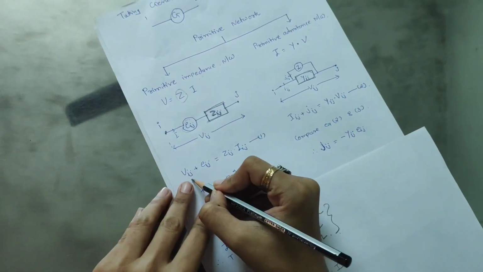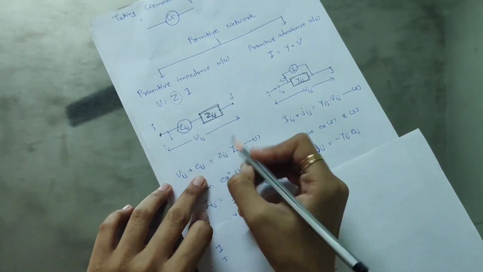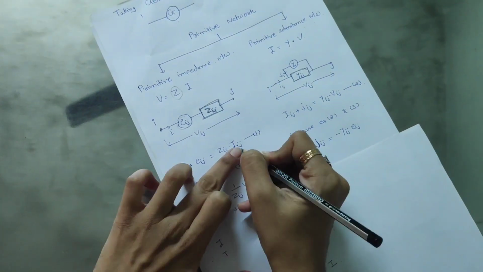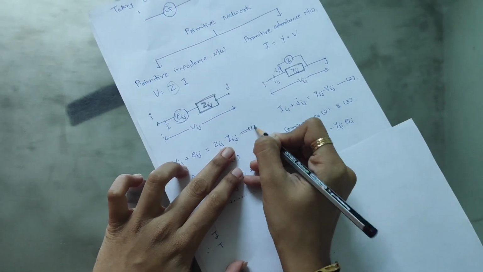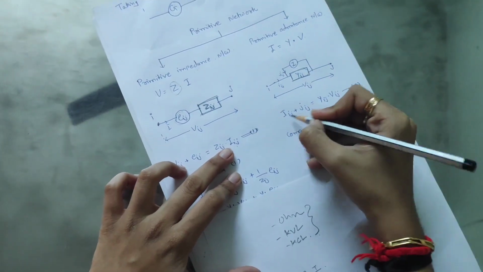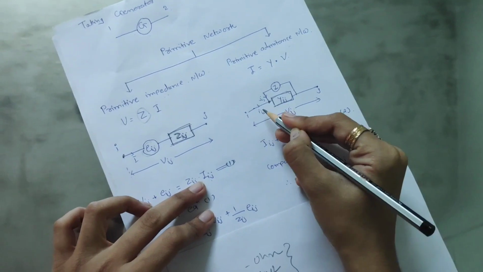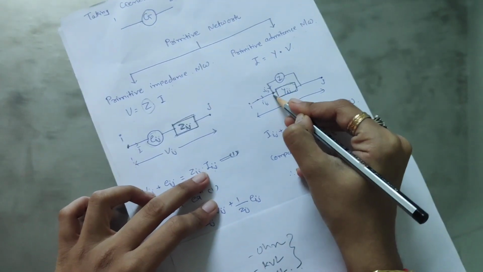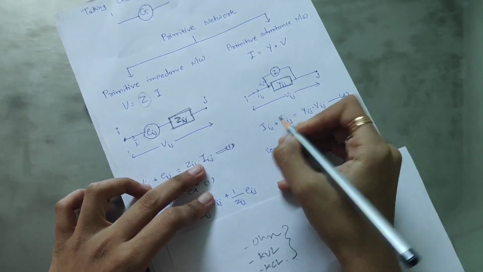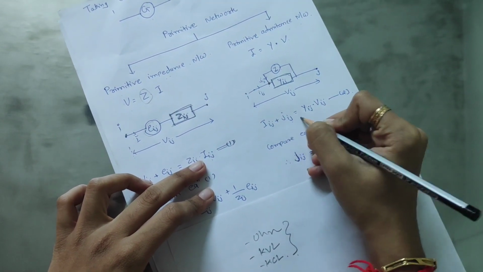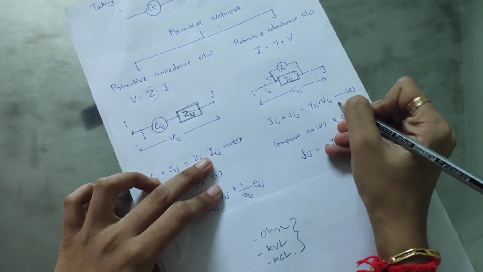Here we can write in equation form: Vij plus Eij is equal to Zij times the current passing through that element, Iij. Equation number 1. For this network, we can see that two currents are there, Iij and Jij. As KCL is applied, Iij plus Jij is equal to Yij into the voltage across that element, Vij.